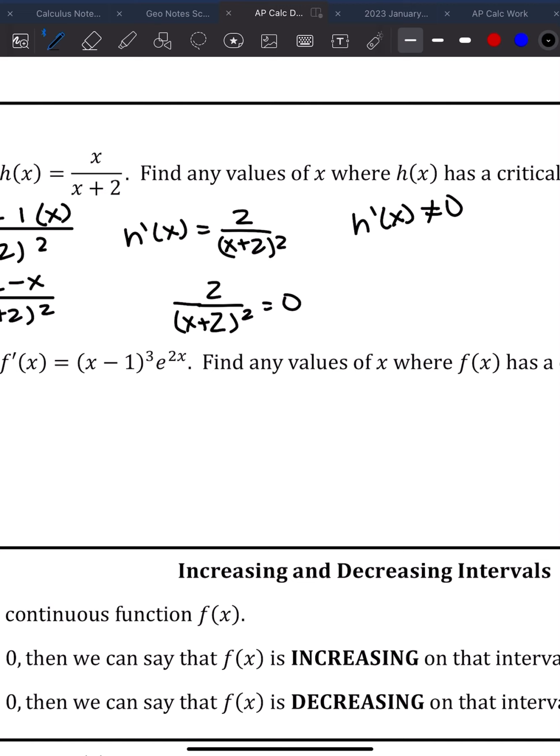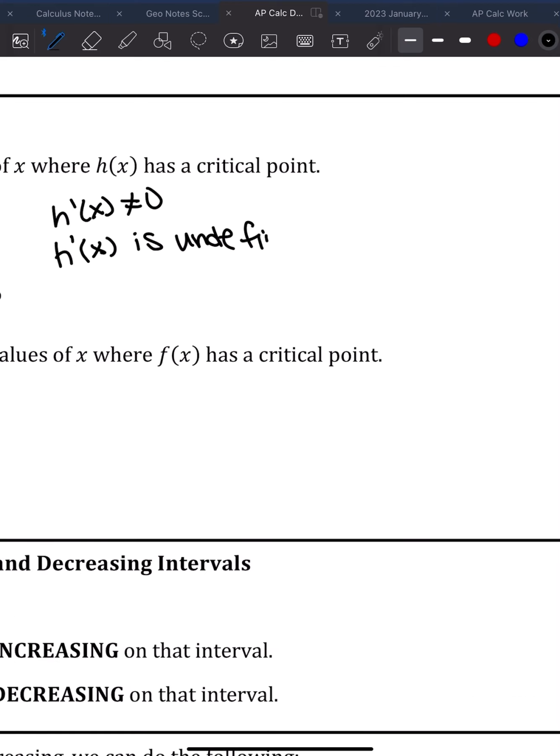So if for some reason we get x of -2, h prime of x is undefined at x equals -2.